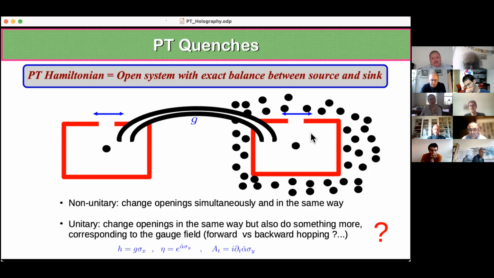So you will have some agglomeration here, and here they can go out easily. So you break this careful balance between source and sink. And what the gauge field is doing in this situation is it adds to this hopping, but in a non-Hermitian way. So you have to balance the forward and backward hopping in a non-Hermitian way just to compensate for this delay, which is now that it's easier for the particle to go in and out, and this gauge transformation is doing precisely that. That's my interpretation of this.